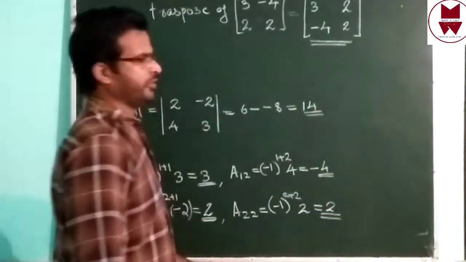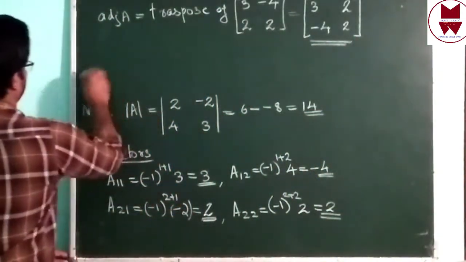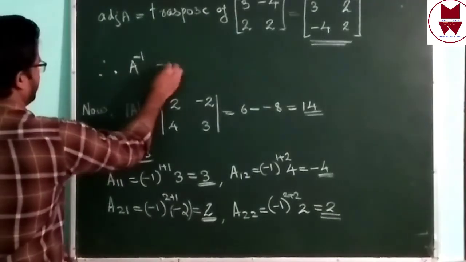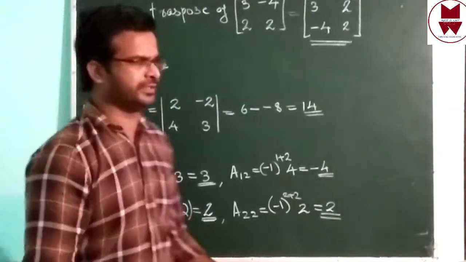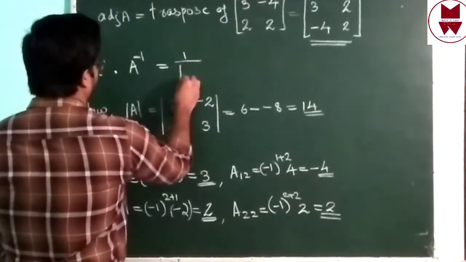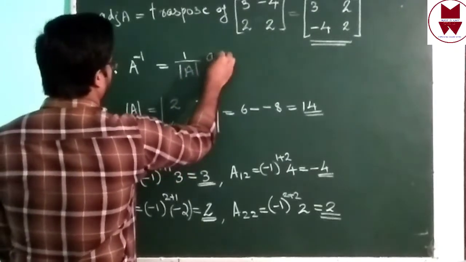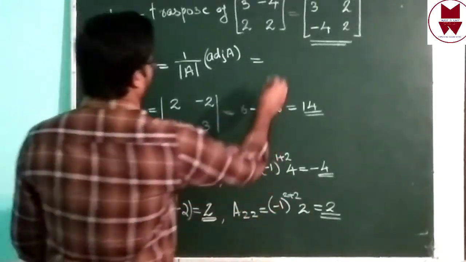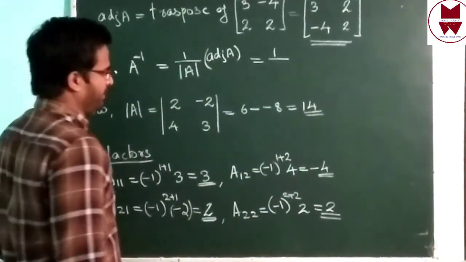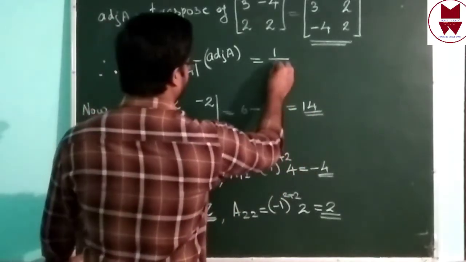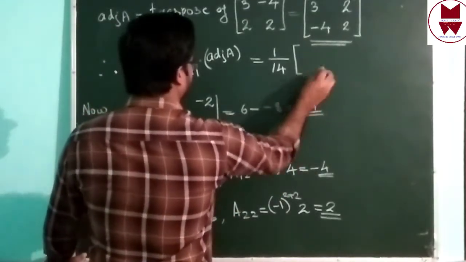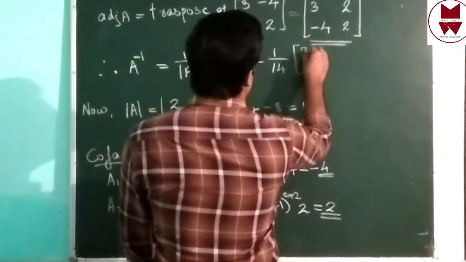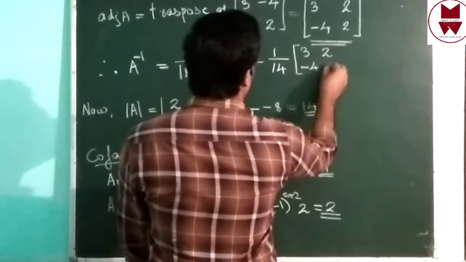This is the adjoint of A. Therefore A inverse equals 1 by determinant of A into adjoint of A. The determinant of A we already got, that is 14, into the matrix adjoint of A, which is 3, 2, minus 4, 2.